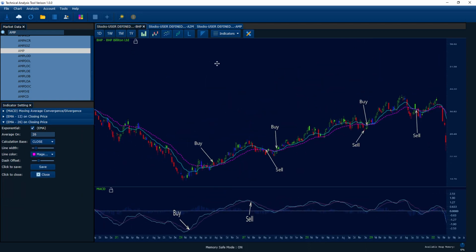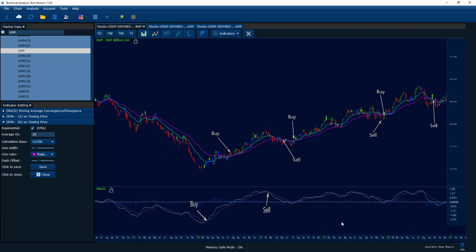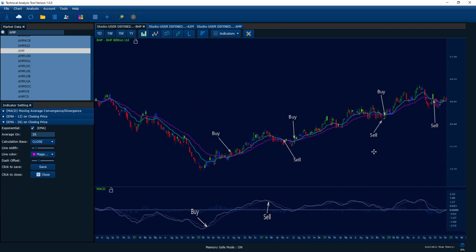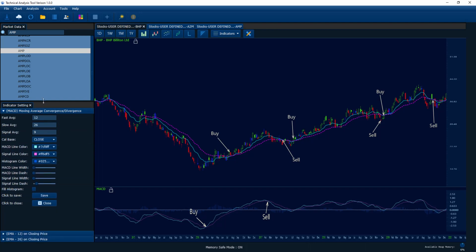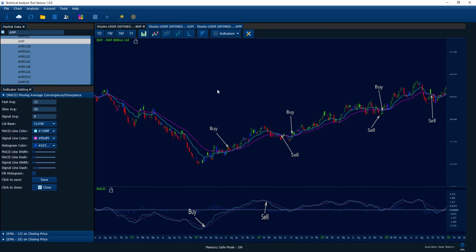The MACD indicator is actually calculated by using a pair of moving averages. The MACD indicator was introduced in the 1960s.